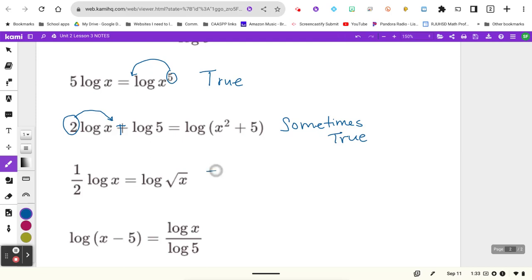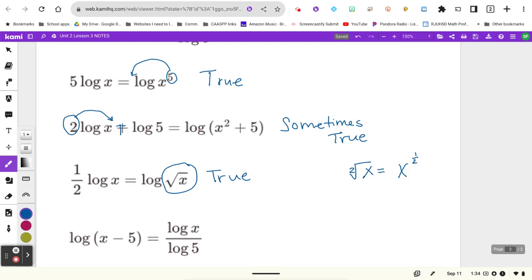I know this next one is very strange, but this symbol, the square root, can also be written, so square root of x can also be written as x to the 1/2 because there's an invisible 2 here. If it was cube root, it could be all the way up.